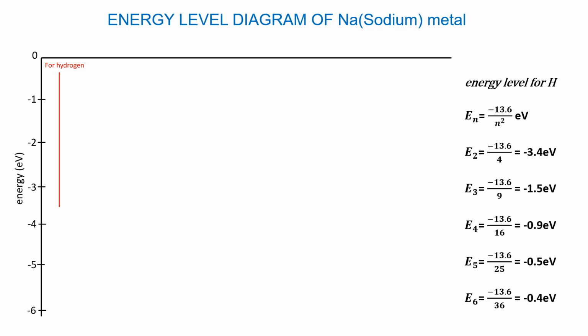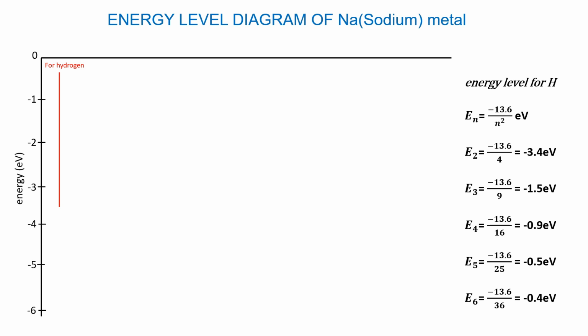So we know that the energy level for hydrogen, En, is equal to -13.6 by n squared electron volts. Therefore, when n equals 2, we get -3.4 electron volts.